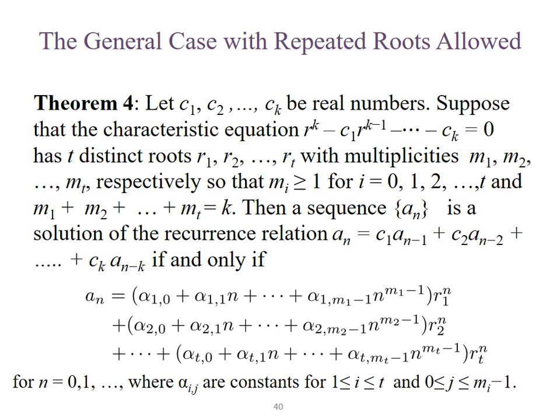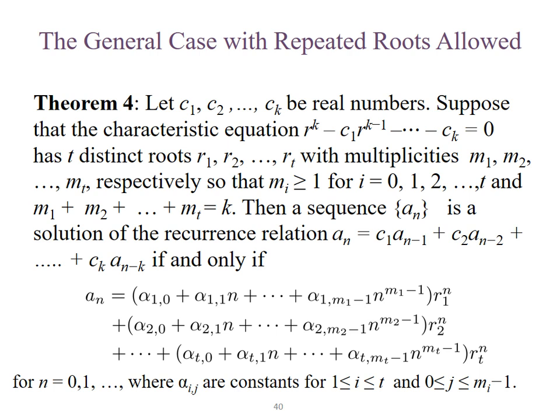Let's see the general case of repeated roots. If we have c1, c2 to ck as our coefficients, then we have the same characteristic equation as theorem 3, r to the power of k and so on.